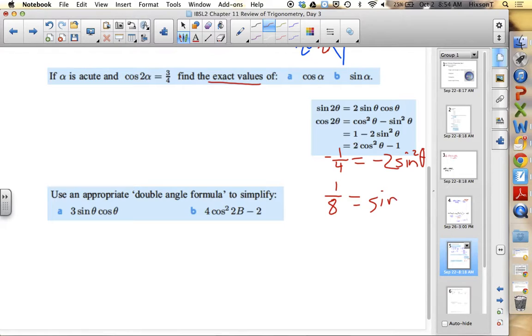And you're taking the square root of 1/8, which, if you rationalize that, you will get root 2 over 4. Because that's 2 radical 2, then you multiply by a radical 2 over radical 2, and that makes the denominator 4.